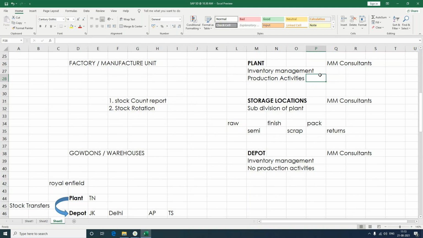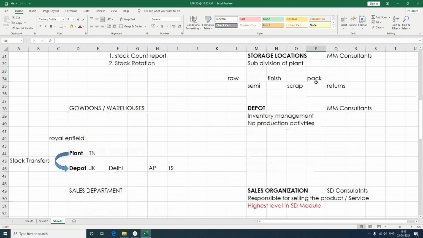In the example you told, stock transfer from the plant to the depot in the Royal Enfield example, who will do the production activity there? It is already transferred from the plant to the depot. Here, your total bike is manufactured, and your finished product is just maintained in our depot. So after the production activities are done, they transfer to the warehouse.